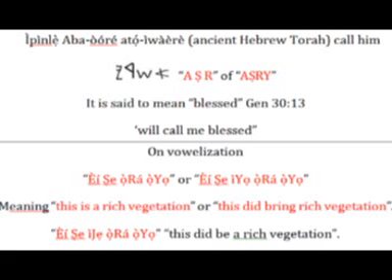Meaning this is a rich vegetation. That ground, that land is blessed, is rich. That means they will call her a rich vegetation, because of the way she was bringing forth children, she started increasing. So they will call her a rich vegetation.